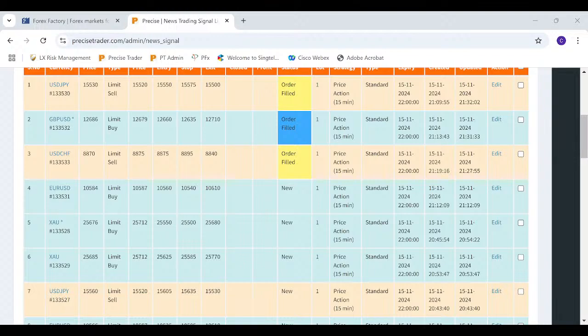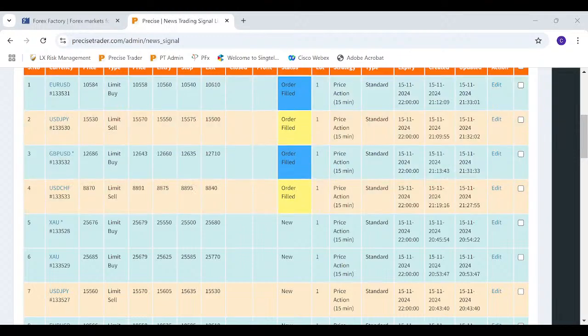Okay, the dollar strength is coming in. The dollar strength is coming in. Okay, looks like we got stopped out on the, hold on. Okay, dollar yen we got stopped out.